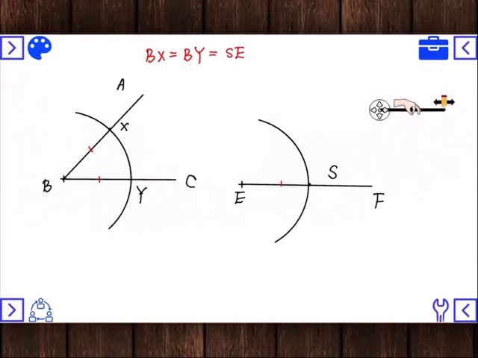Next step, with center at S and radius YX, draw an arc to cut the first arc at D. What's the first arc? First arc is this one, right? We call this arc 1, okay? With center at S and radius YX. So, let's measure YX. So this is YX, right?